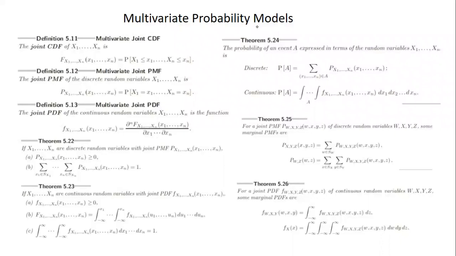Now we extend to n random variables. Okay, so more than 2. All formulas here will be applicable to vectors too in the next slides.